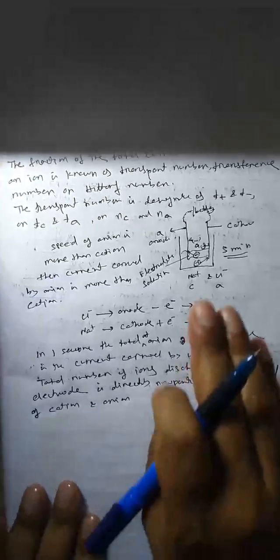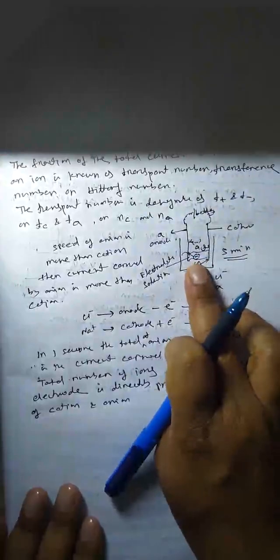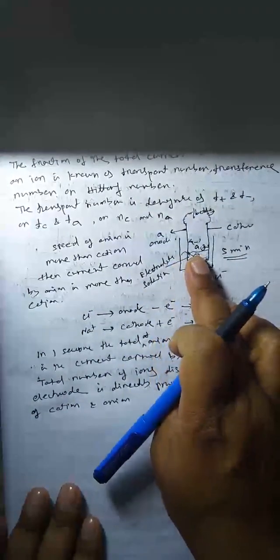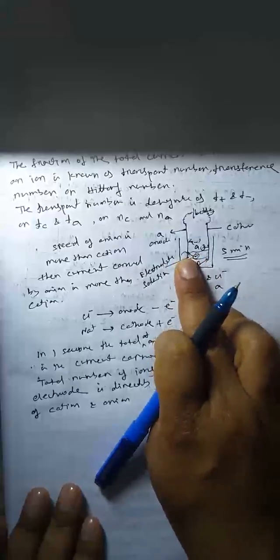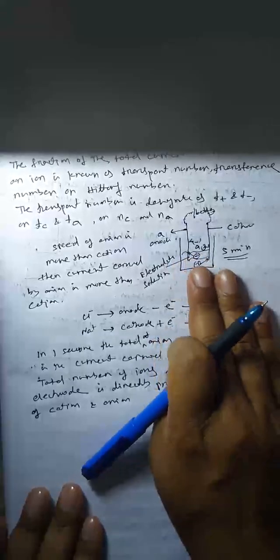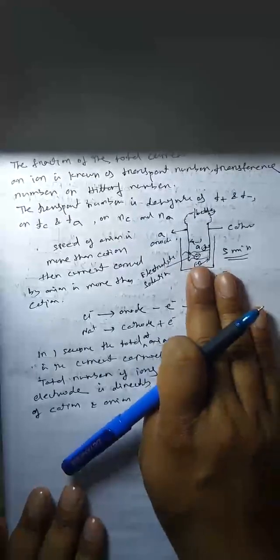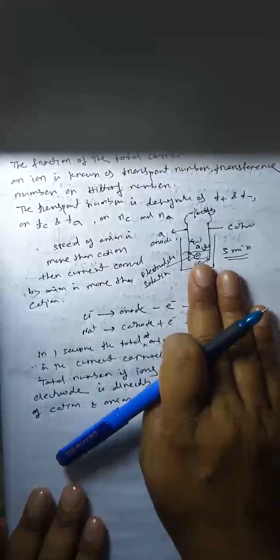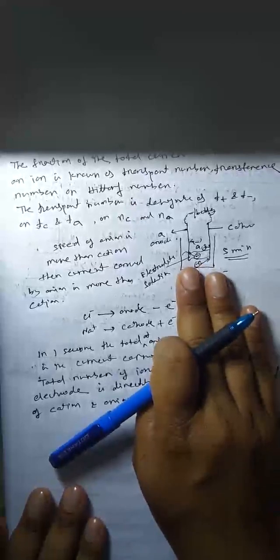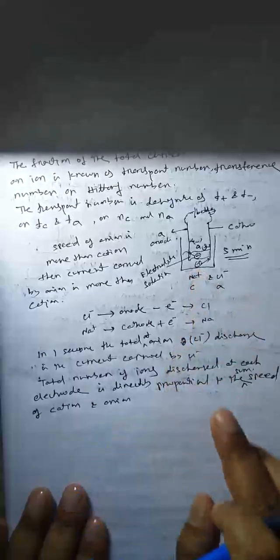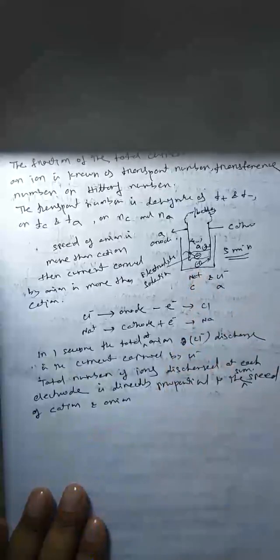Suppose in 5 minutes 500 anions move towards the anode, and all these 500 anions get discharged, and the total current carried by these 500 anions is called the transport number of anion. So the transport number of anion depends upon the speed of the anion.